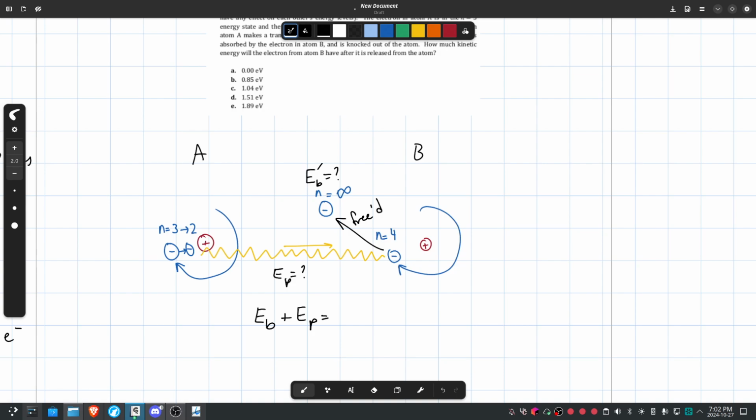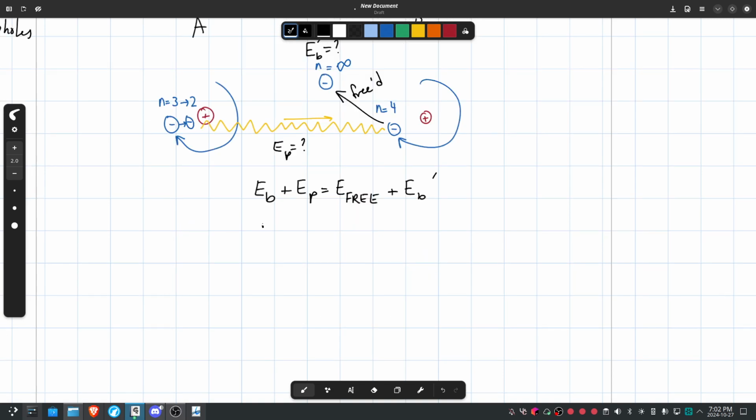Now, some of that energy is used to free the electron. And you're left with the energy afterwards, right? You start with some energy, you get some energy, you lose some energy, and you're left with whatever's after. This is the same as kinematics. If you remember kinematic physics, all the conservation of energy questions, fun times.